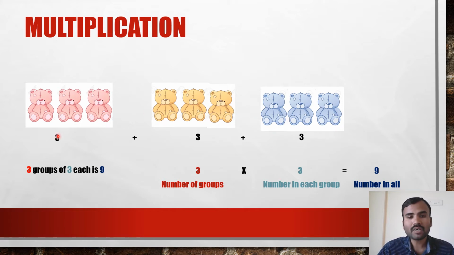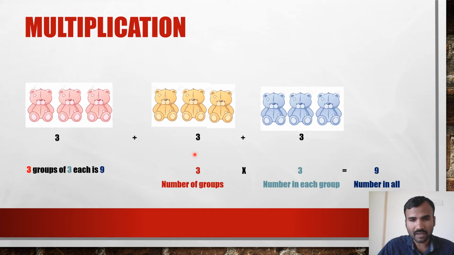So if you add all these together, 3 plus 3 plus 3, how much will you get? 9, right? In the same way, here we have groups with the same number of teddies. So instead of adding these teddies, we can multiply. How? It's very simple.